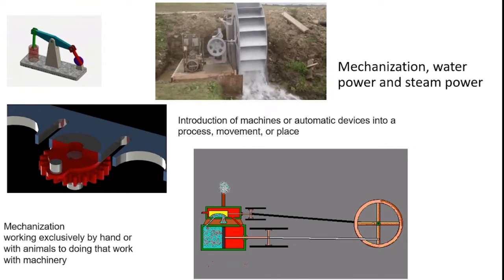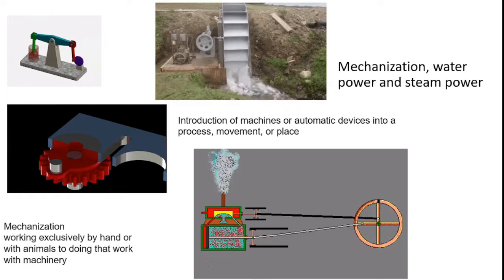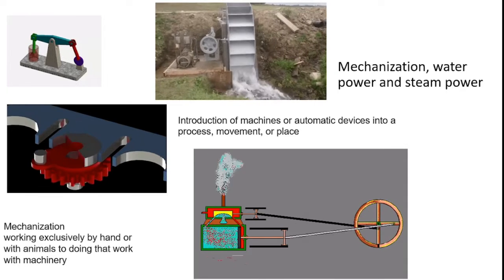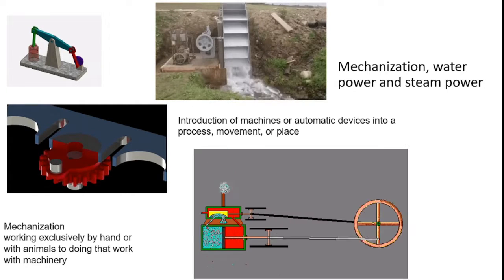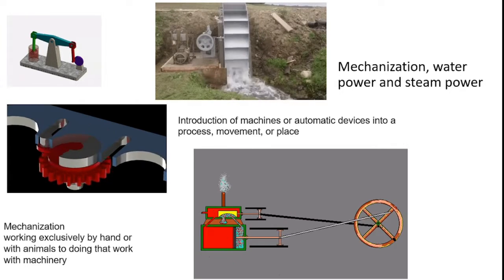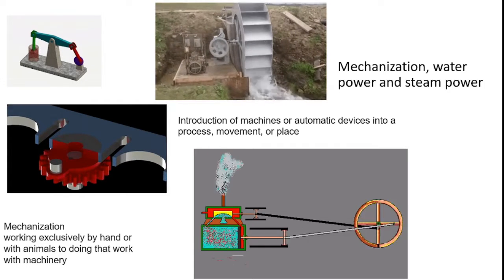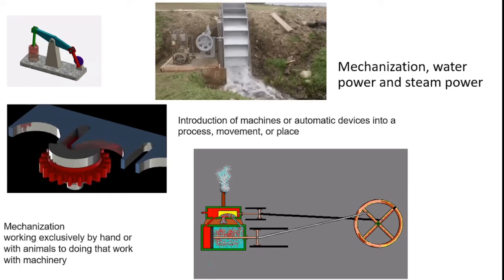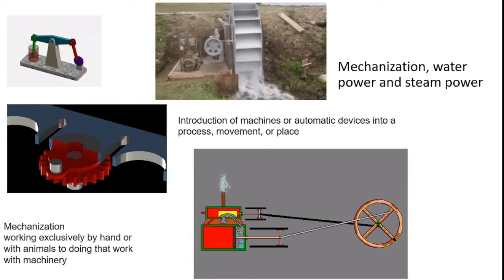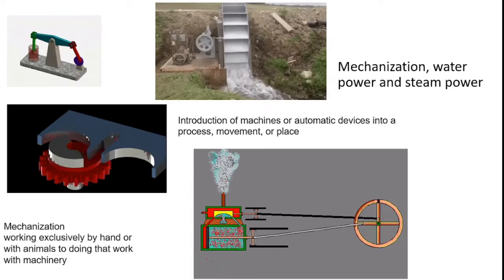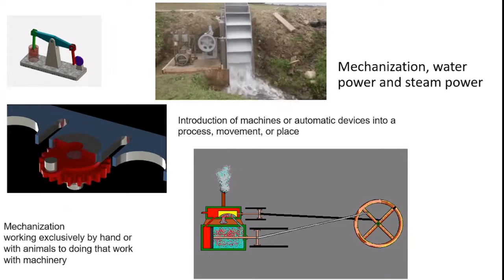So mechanization replaced working exclusively by hand or with animals. For example, carts can be operated by cows or horses. These are all examples where we introduced mechanization in vehicles. So why do we utilize those things for doing work with machineries, such as a cart and a train engine?